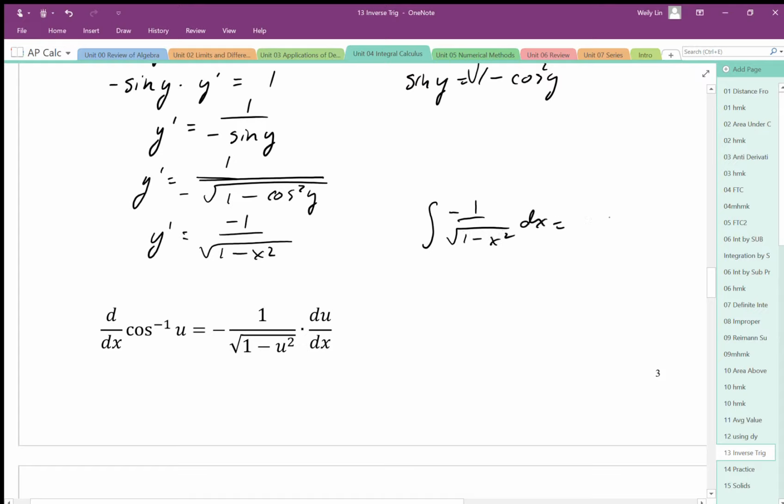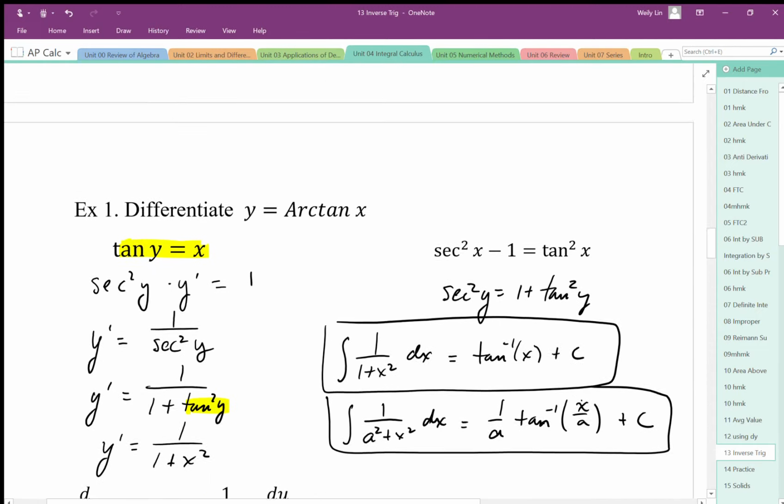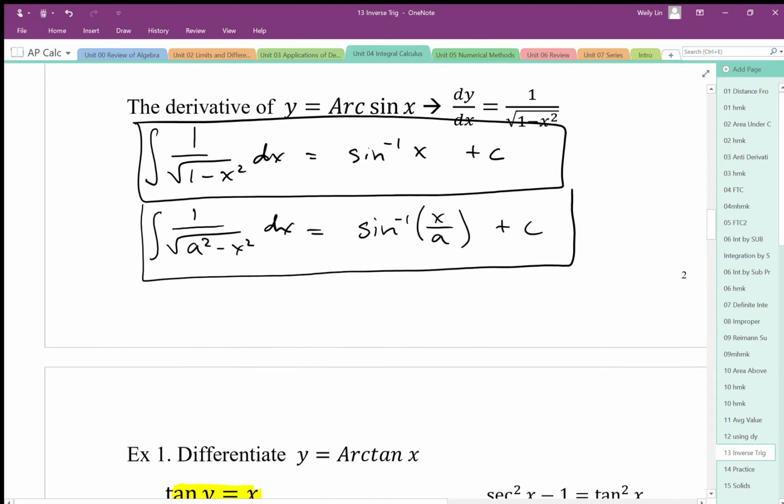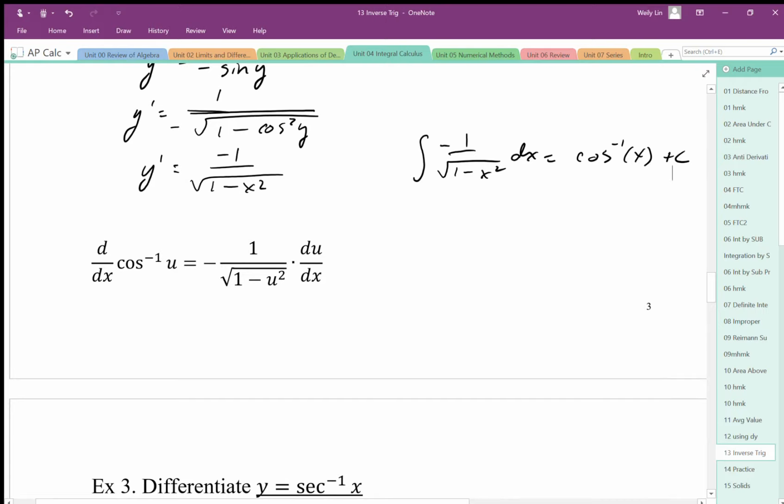is equal to the arccos of x plus c, but really we don't need this one and this one that we've generated here. Okay, in fact the negative is not very useful. So although this is true, we're just going to stick to this.